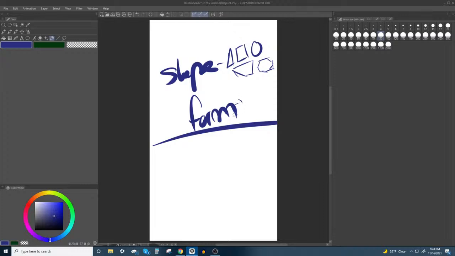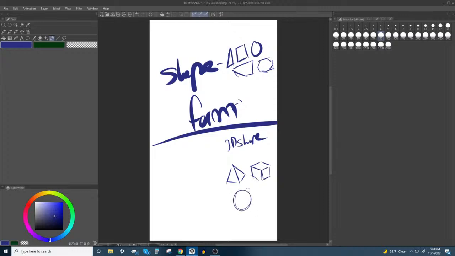Form is literally a fancier way of saying 3D shape. It's understanding the 3D shape of something. So if I took a prism, which is a triangle but in 3D, or a cube, which is a square but in 3D, you know what I'm saying? That's what form is. Looks like a perfect square. I'll fix that.